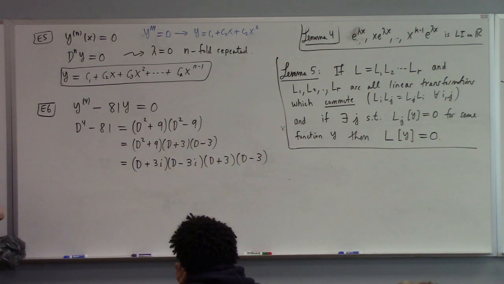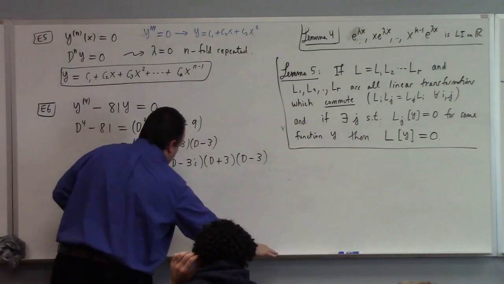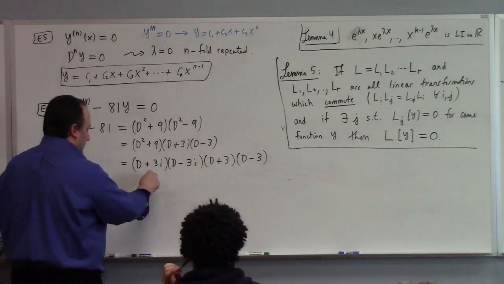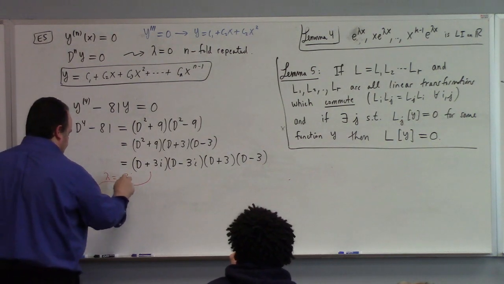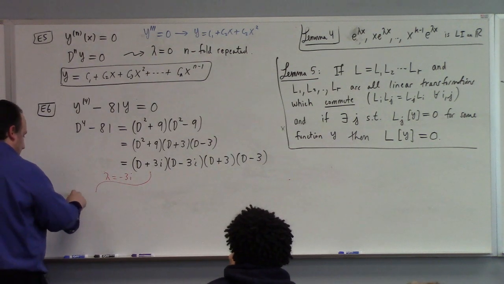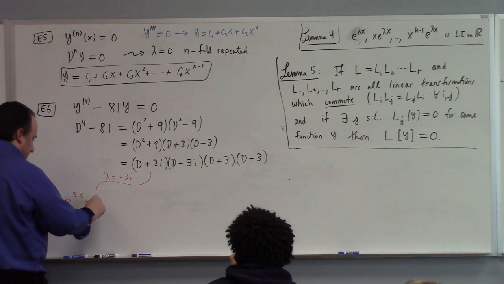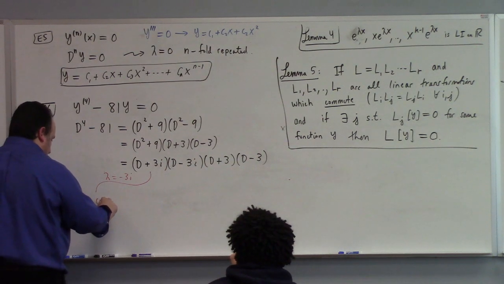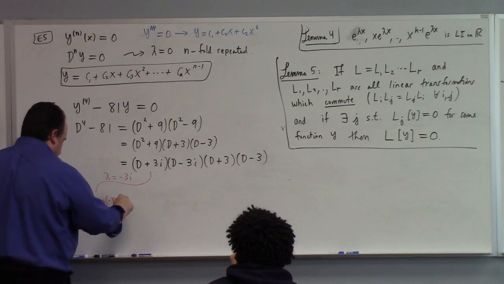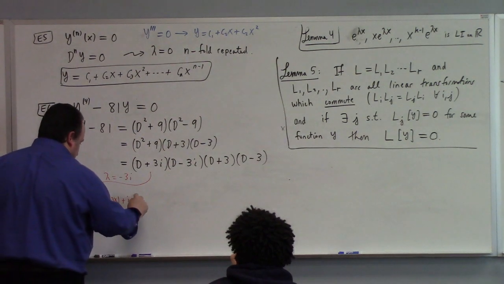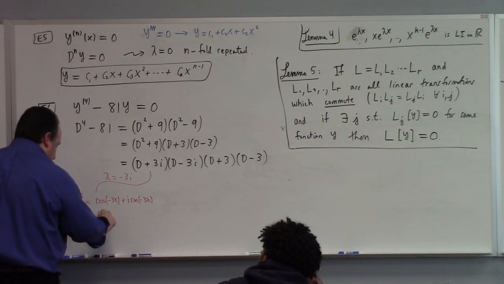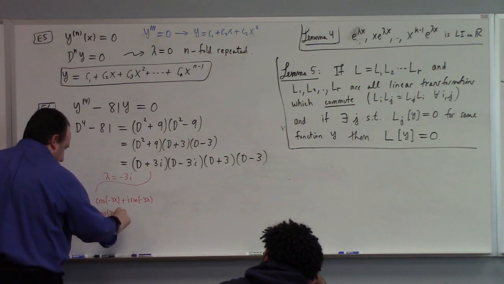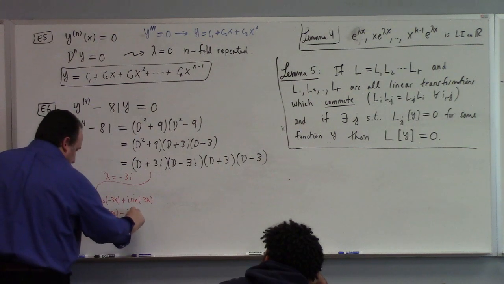All right. So I'm just going to kind of show you what goes on here. So this gives us lambda equals minus 3i, right? And what's e to the minus 3ix equal to? Well, that's equal to cosine of minus 3x plus i times the sine of minus 3x. In other words, since cosine's even and sine is odd, you get cosine of 3x minus i times the sine of 3x, okay?